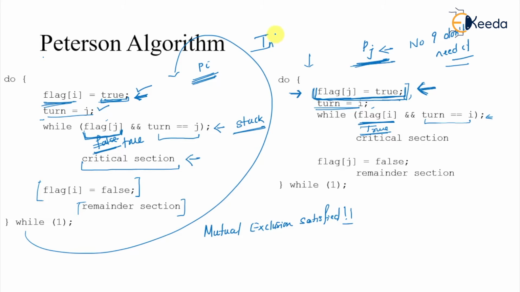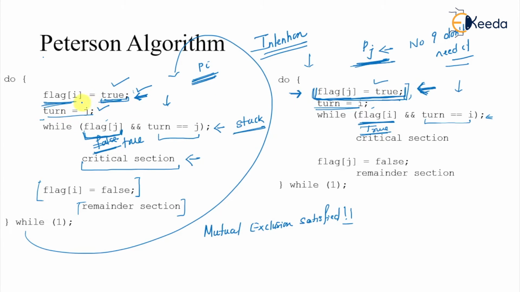So once the intention is there, intention means that if process pi or pj states that it wants to enter into the critical section by putting the flag to true, then there exists a bounded time. Bounded time means that either this one or that one will definitely go into the critical section.